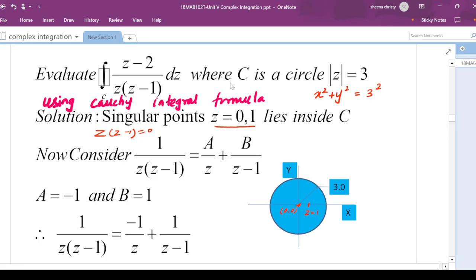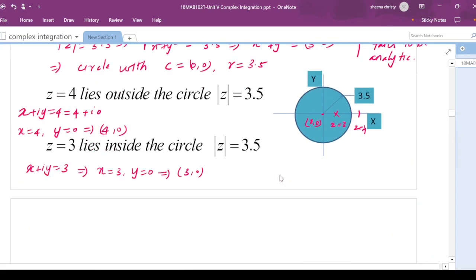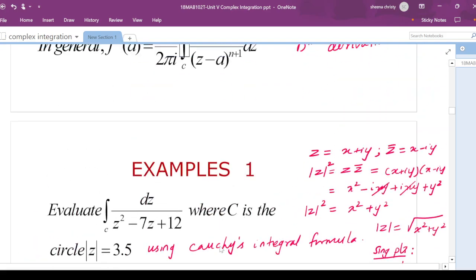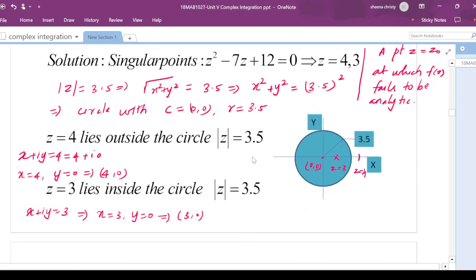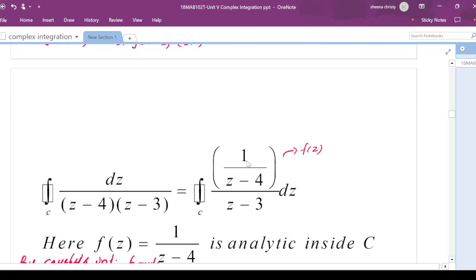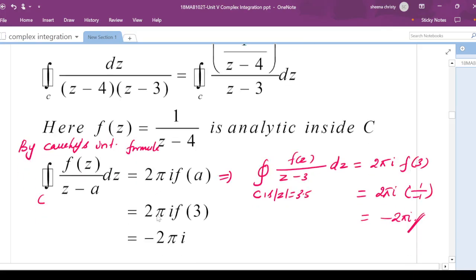In the previous case, we observed how to evaluate the integration if one of the points lies inside C. There, if one point lies inside C, you keep the other point as part of some function, and you have only the point which lies inside C in the denominator.